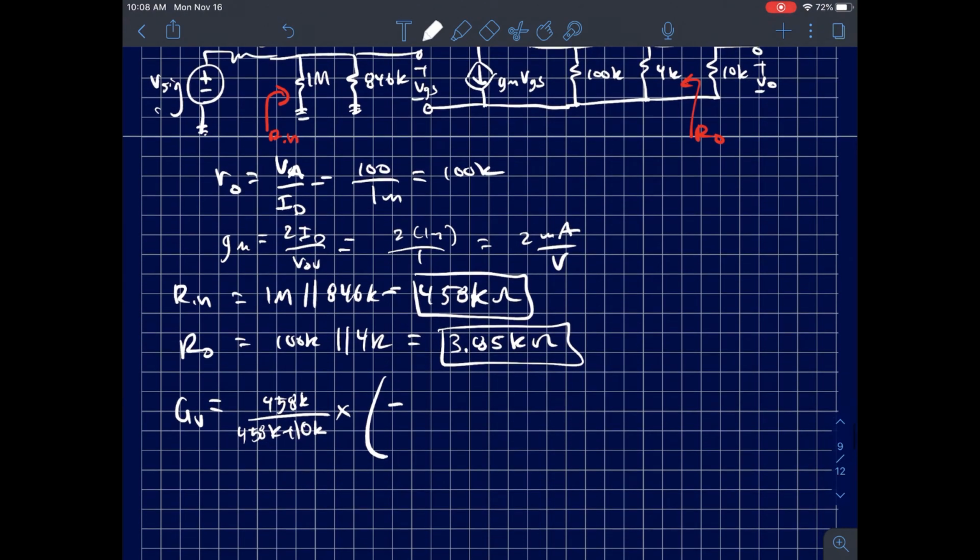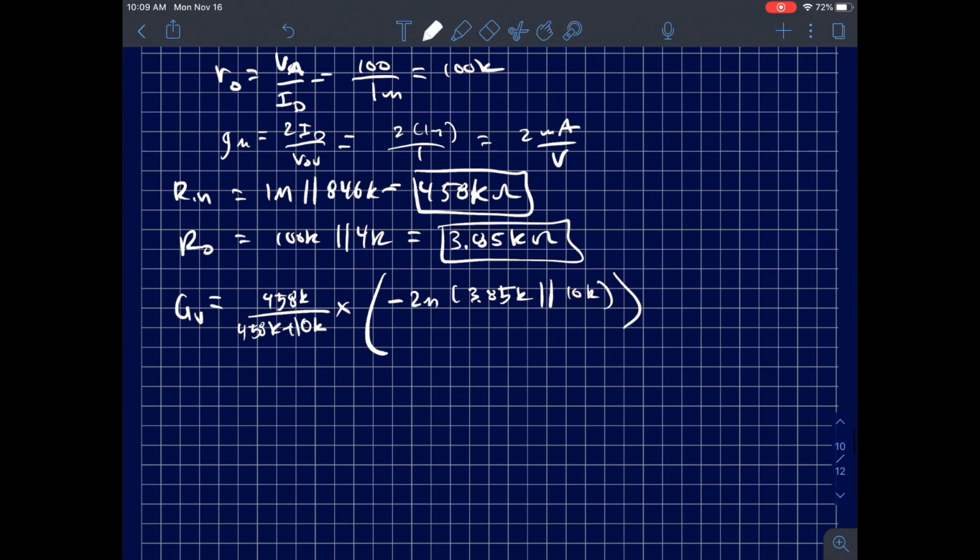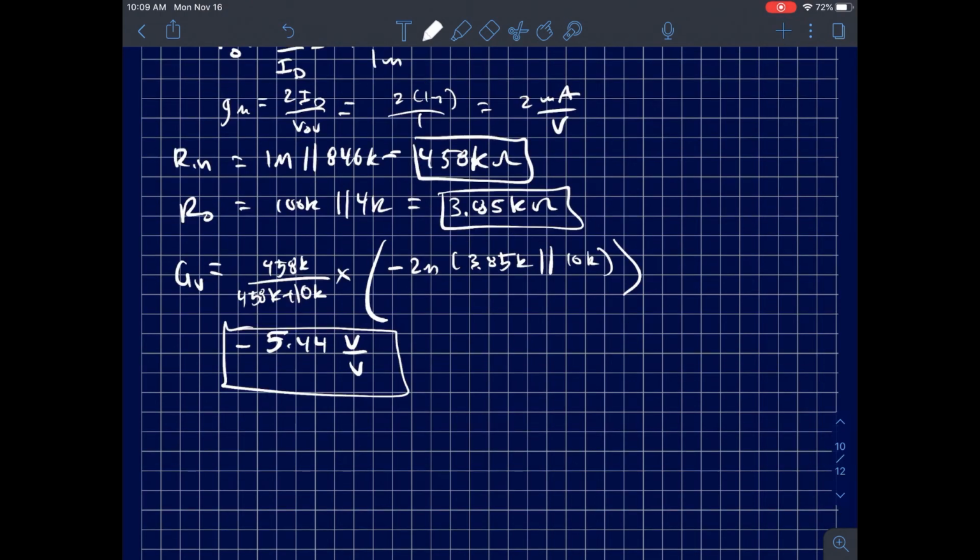So negative gm, which I just said is negative 2 mil, multiplied by the parallel combination of little r naught, RD, and RL, which is 3.85k in parallel with 10k. And when we plug this into our calculators, it's negative 5.44 volts per volt. Notice that this is actually quite a small gain, mainly because the load resistor is relatively small.